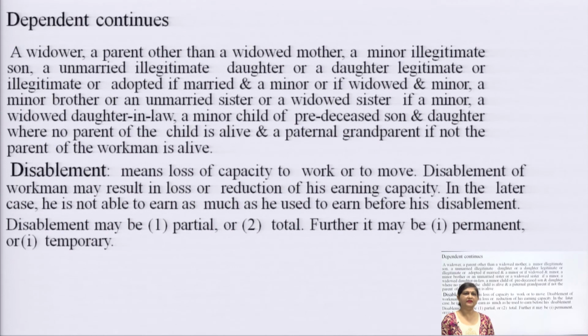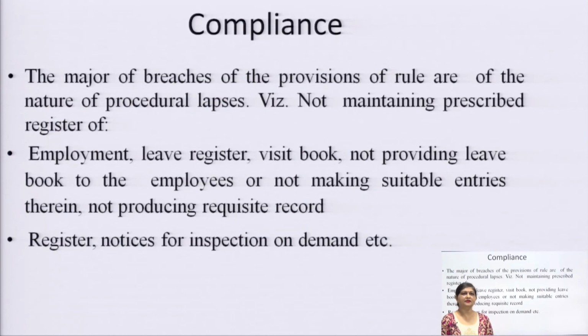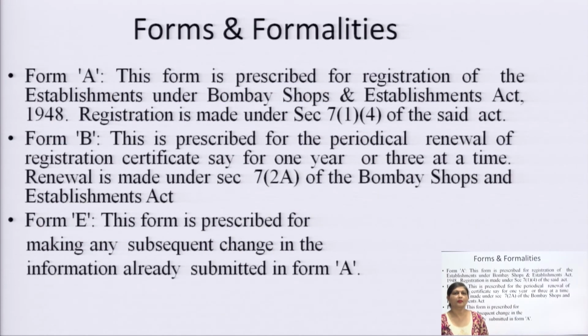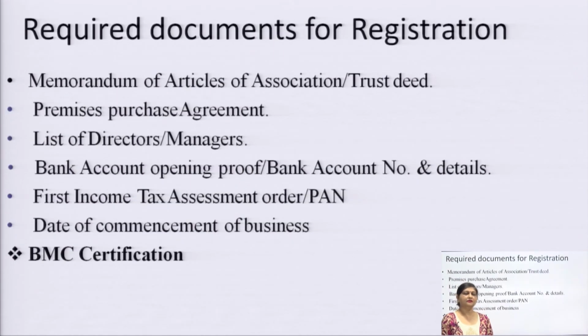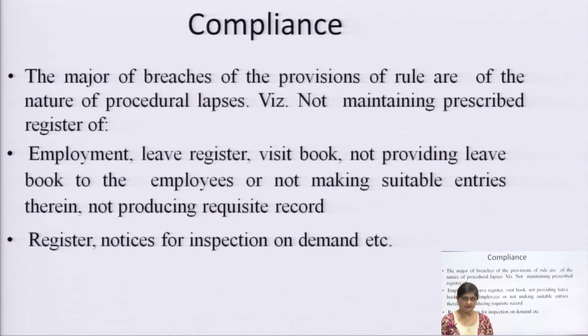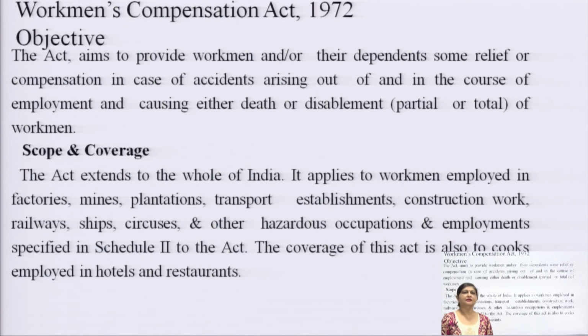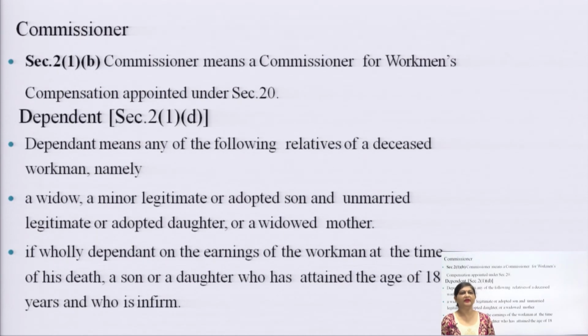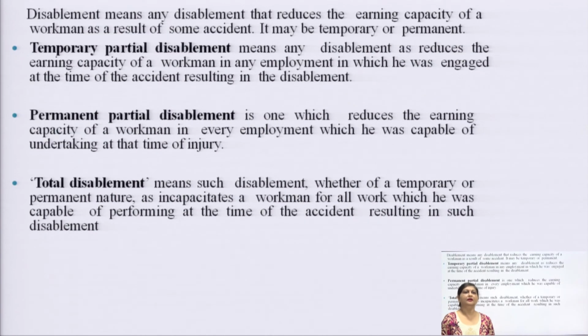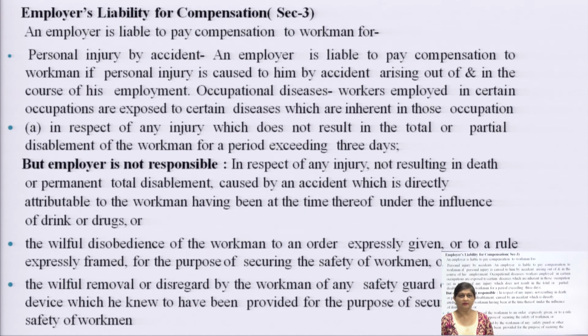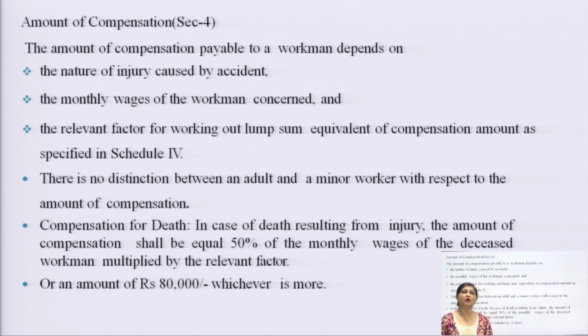Today we have discussed various provisions under the Shop and Establishments Act, as well as the Workmen's Compensation Act. We have studied about dependent, disablement, and then employer's liability, and the cases where the employer is not liable for the compensation.